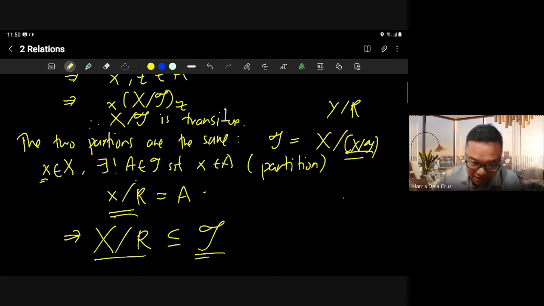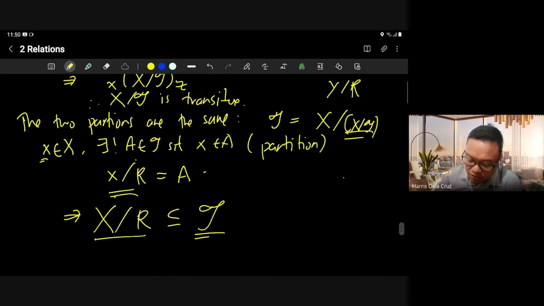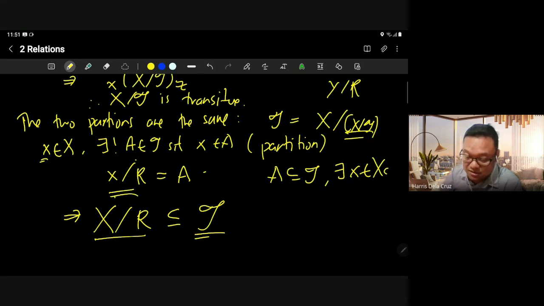Paano naman yung pabaligtad? So, yung pabaligtad naman, kung meron kang A na hindi empty, na subset ng partition, right? Then, since A is not empty, meron kang makikitang X, element ng X such that X is in that A. Okay.